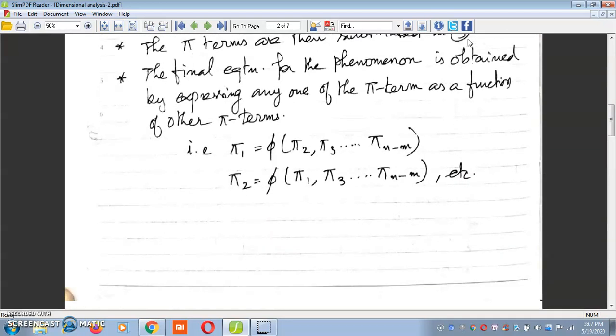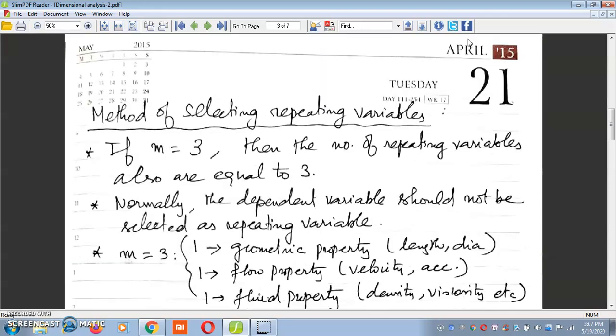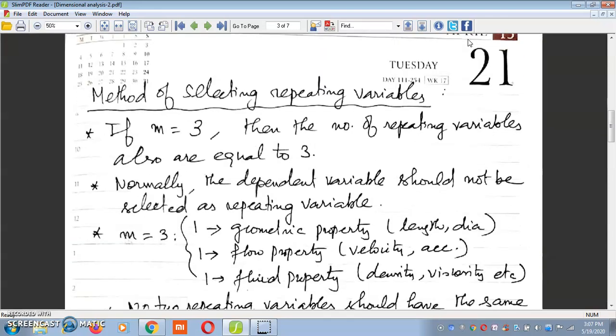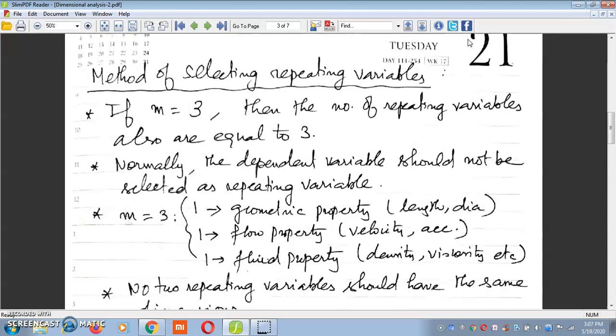So this is the general procedure, and now we need to know something about the method of selecting repeating variables. We know if m is equal to 3, then the number of repeating variables in the problem will be equal to 3.